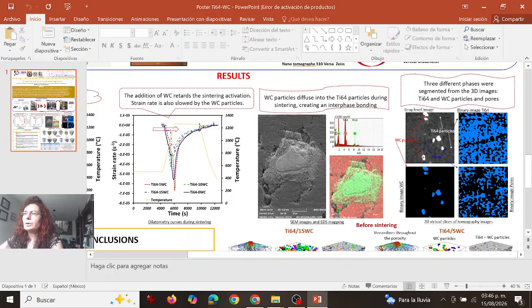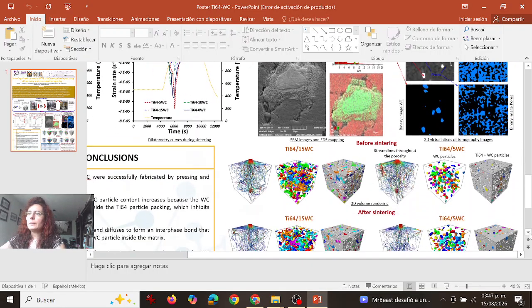One for the Titanium-64, one for the particles of tungsten carbide, and also one for the pores. Okay, so this one is the binary image for the Titanium-64. This one we can see the particles of the tungsten carbides, and in this binary image, we can see the pores. Okay.